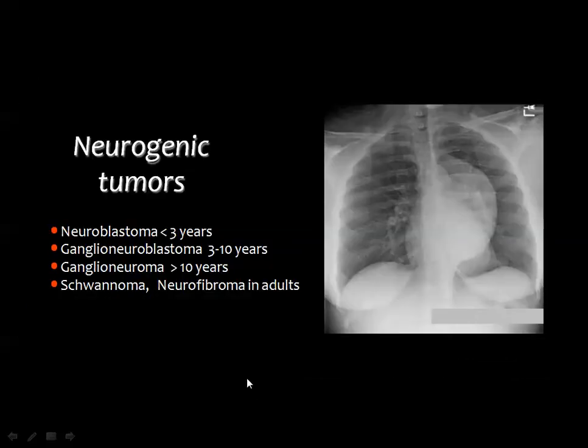Then these are the neurogenic tumors, starting with the neuroblastoma, which is seen below the age of 3 years, the ganglioneuroblastoma, which is an intermediate form seen in the age of 3 to 10 years, and the ganglioneuroma seen in the age above 10 years old, and finally the schwannoma and neurofibroma, which are benign lesions seen in adults.